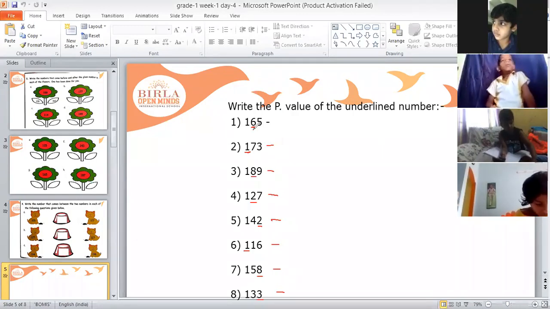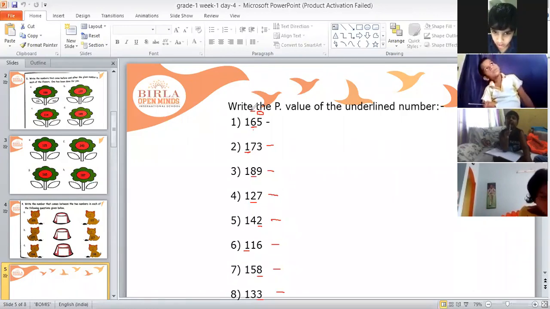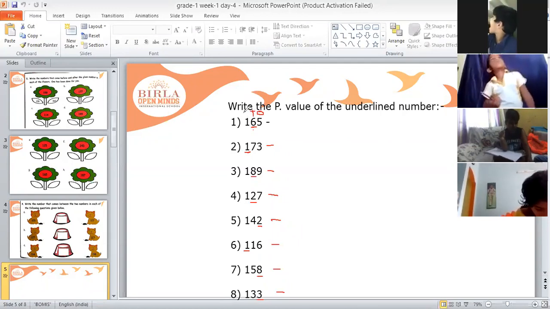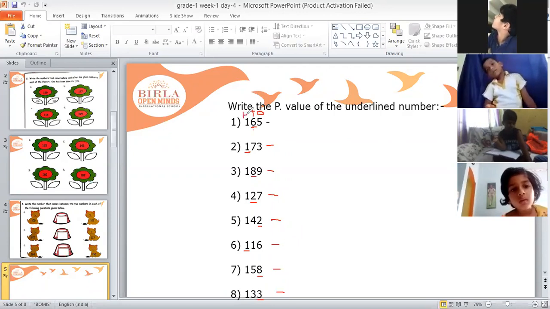Now, what is its place? See here, children, we always start from back side. Here 5 is in 1's place. This 6 is in 10's place. And this one is in 100's place, as you all can see here.